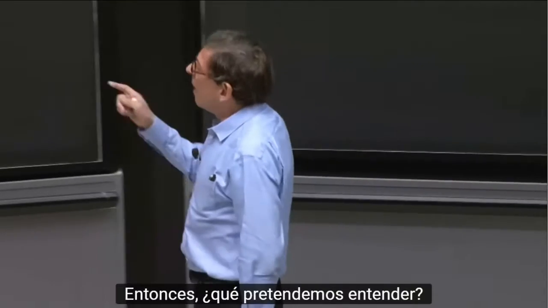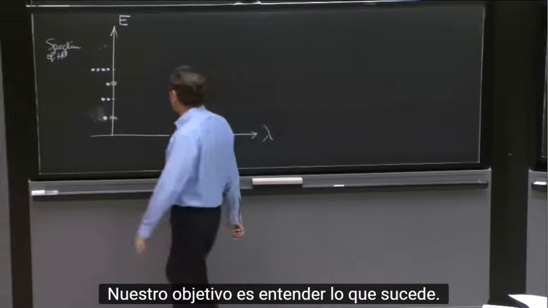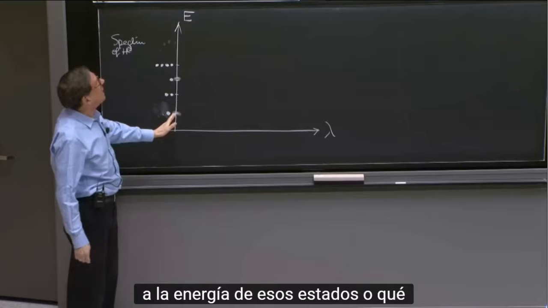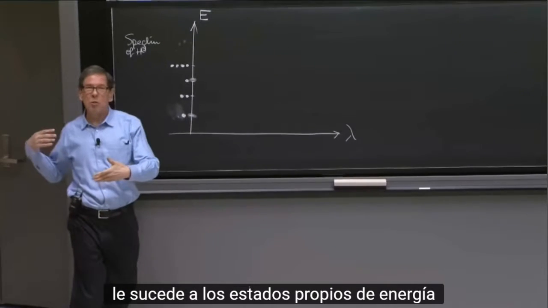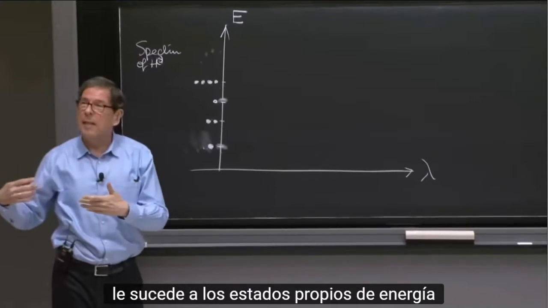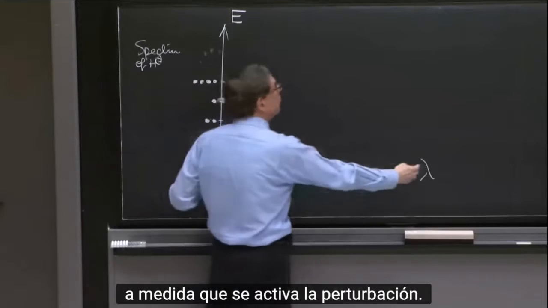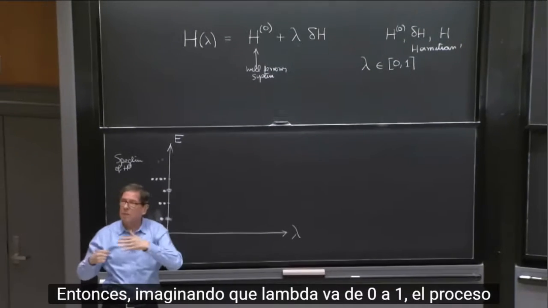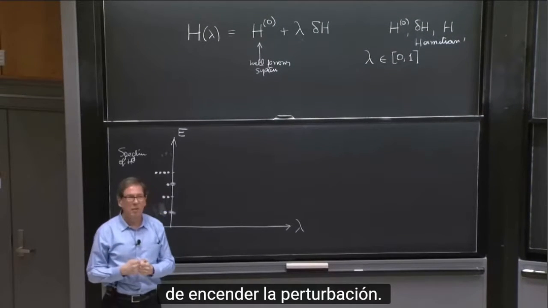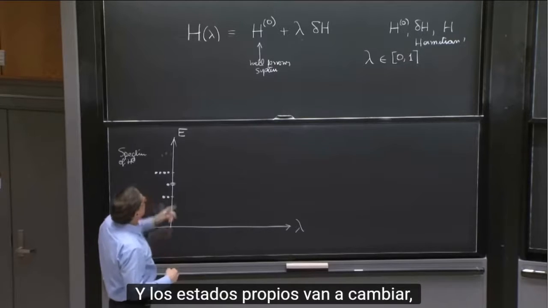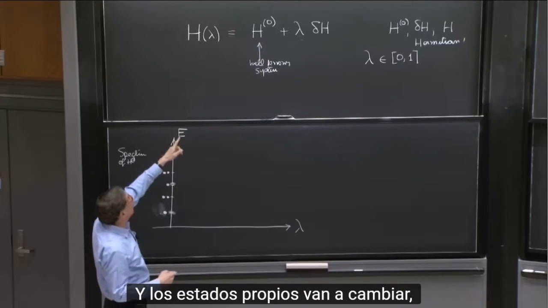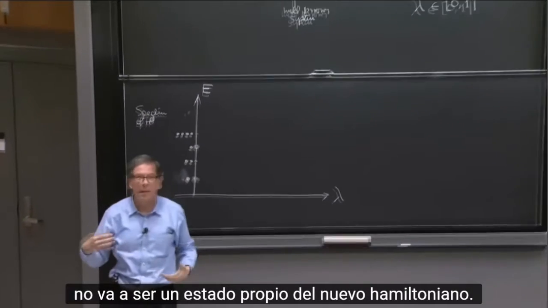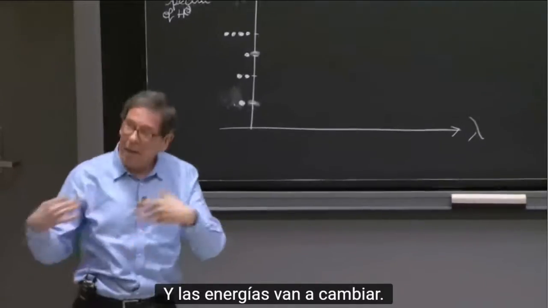So what are we aiming to understand? We're aiming to understand what happens to the energy of those states, or what happens to the energy eigenstates, as the perturbation is turned on. So imagine lambda going from 0 to 1, the process of turning on the perturbation. And the eigenstates are going to change, because whatever was an eigenstate of H0 is not going to be an eigenstate of the new Hamiltonian, and the energies are going to change.